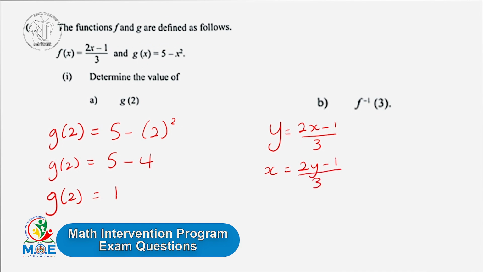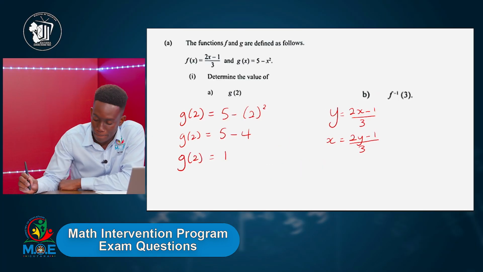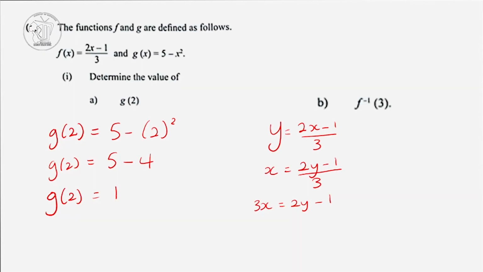And then we make y the subject of the formula. So we take over the 3 is dividing everything, so we take it over to multiply. So x multiplied by 3 would give us 3x is equal to 2y subtract 1. And then we take over the 1 is subtracting, and we take it over to add. So we'll have 3x plus 1 is equal to 2y.